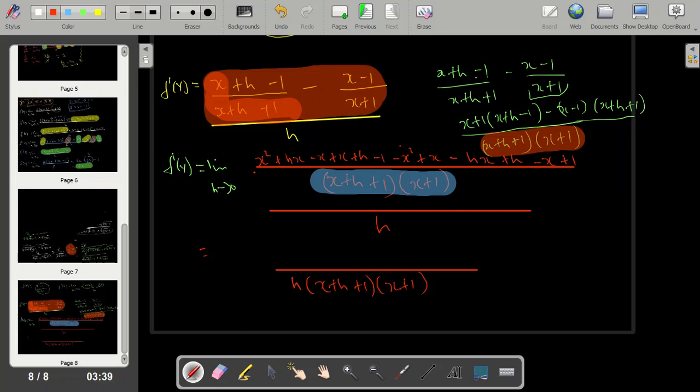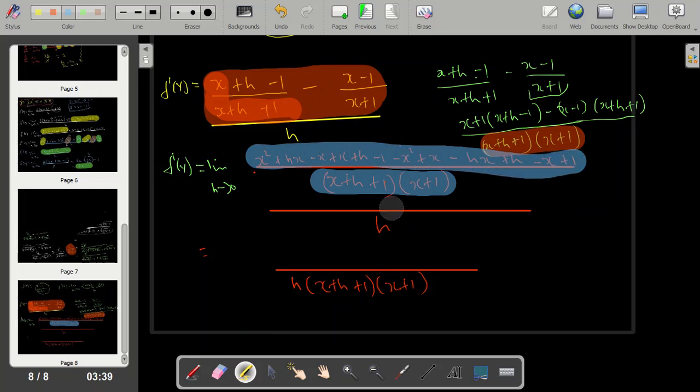So now the next thing we're going to do is identify things that are common in here and cancel them out. If we take a close look, we have x there and x, so these two will cancel. We have this and that, they will cancel.